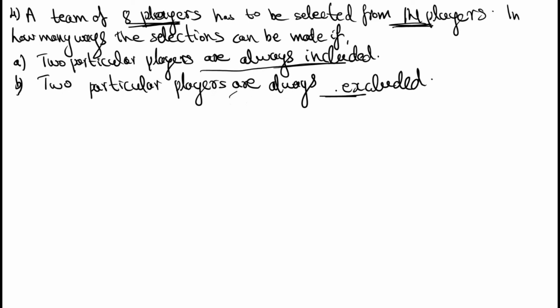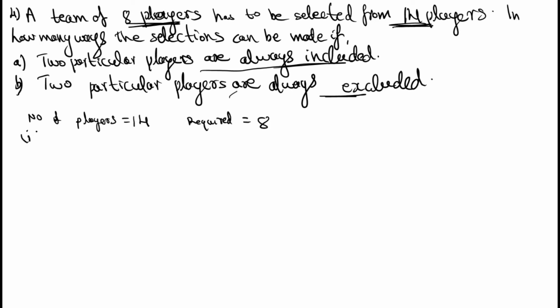Whatever team you are constructing, you need to neglect those two people. That's a condition. First write the number of players is equal to, write the given number, that is 14. And second, the required number, that is a team of how many members? Team of 8 players you need to select.